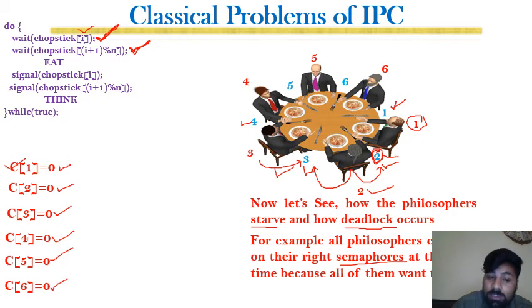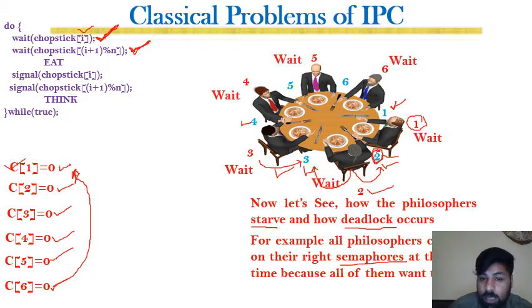And philosopher number 6 is waiting for release of the chopstick by philosopher 1. So this is a deadlock, a circular wait loop, in which no process or no philosopher will be able to proceed. And here you can see that all will be in the waiting state.